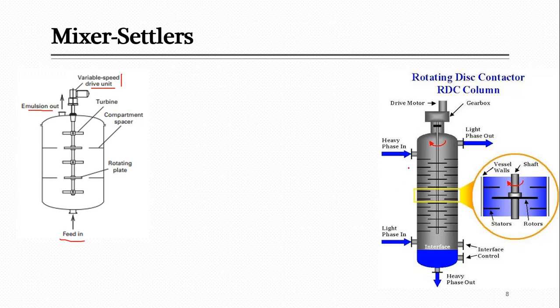In this you can see that this is again a mixer, but the difference from the first one is that here we have a rotating disc contactor with the same type of assembly, but the heavy phase liquid and the lighter phase liquid are introduced separately into the equipment.